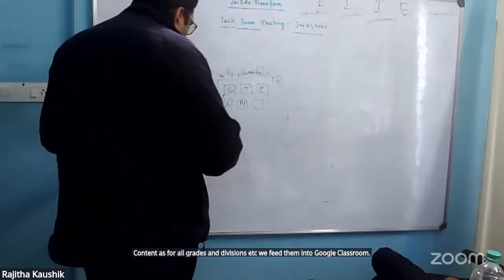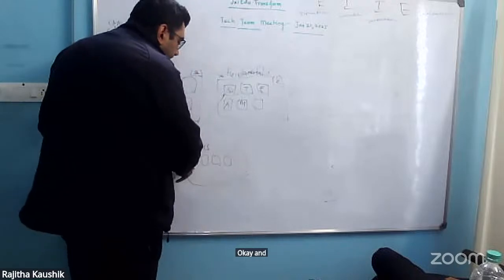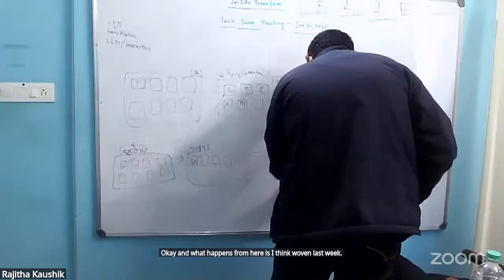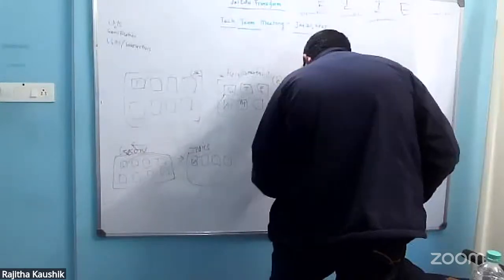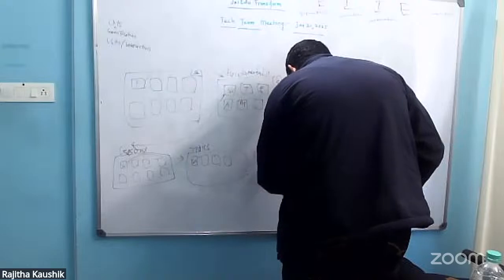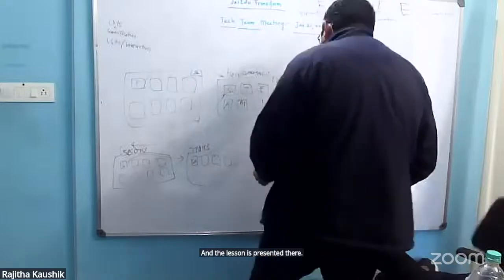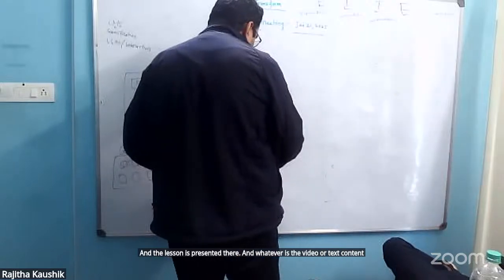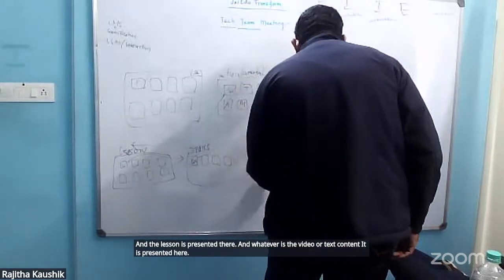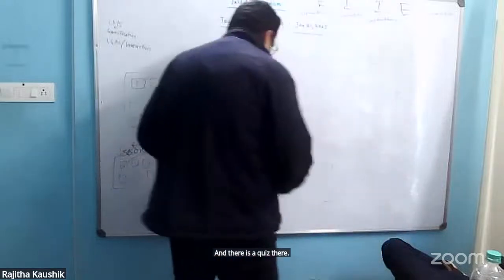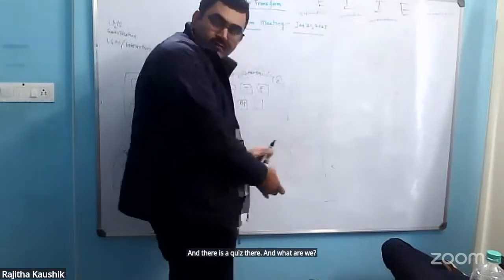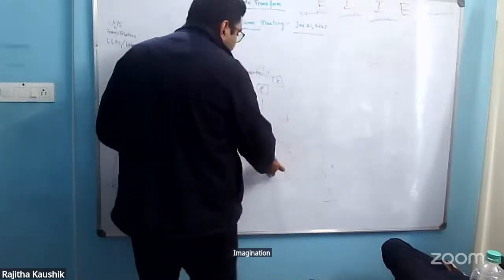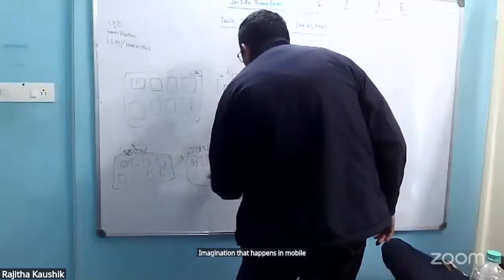And what happens from here is Google Classroom presents the lesson, whatever is the video or text content. And there is a quiz there. And the evaluation that happens in Google is circled back here.